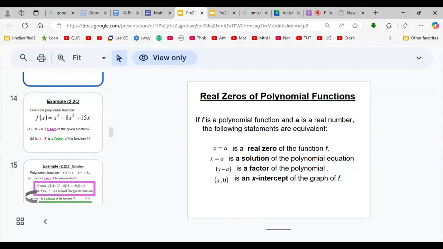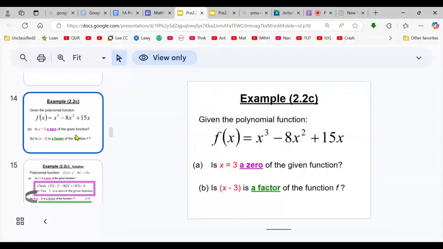Complex, imaginary, and real. Complex is real plus imaginary. An example here: is x equals 3 a zero for this function? Replace x by 3.